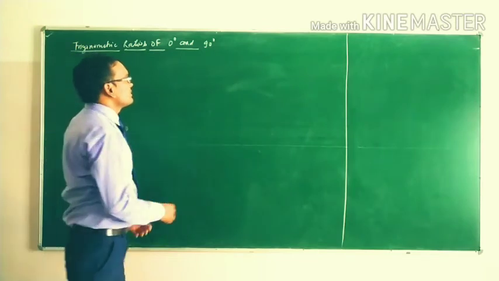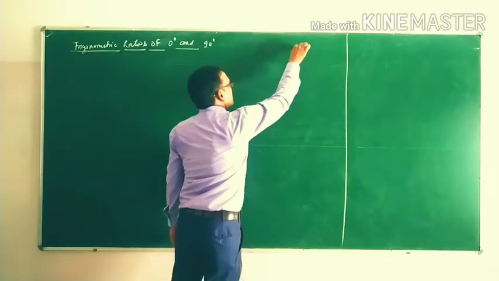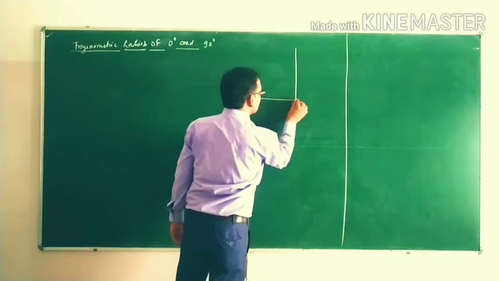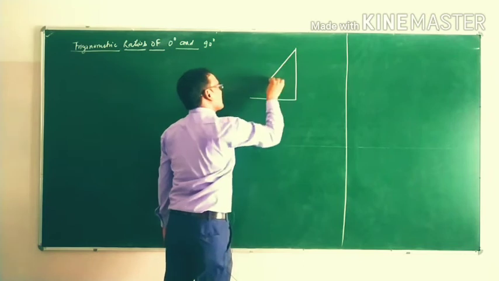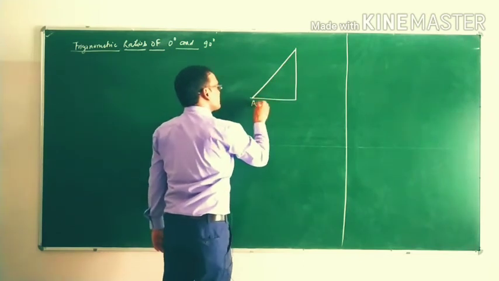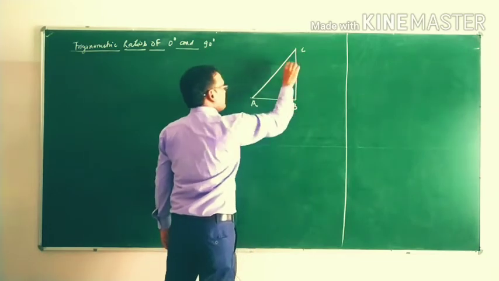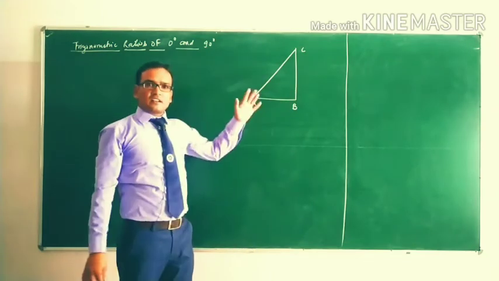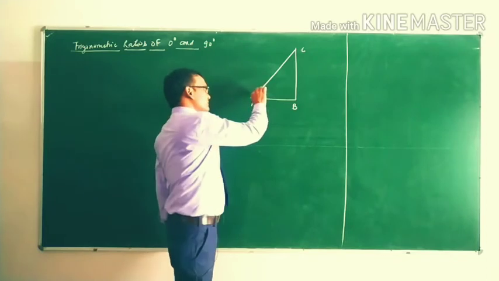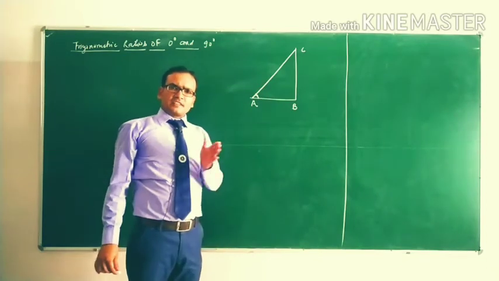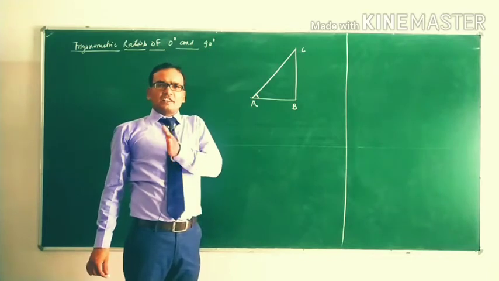Okay students, suppose ABC is a right angle triangle, right angle at B. Angle A gets smaller and smaller.